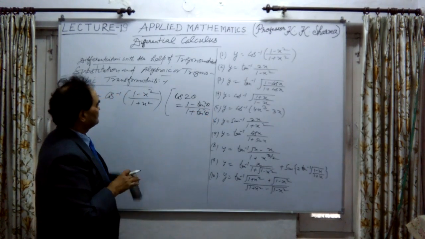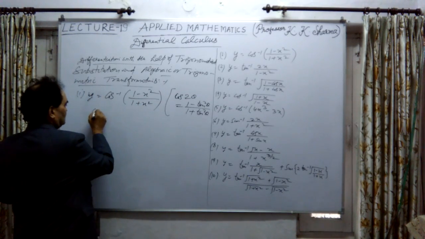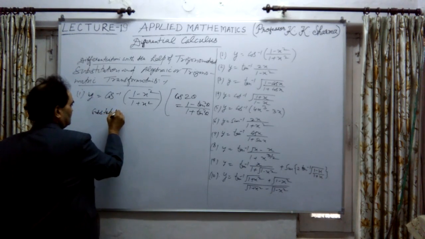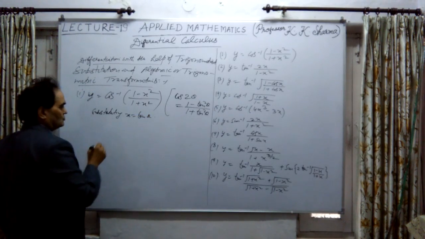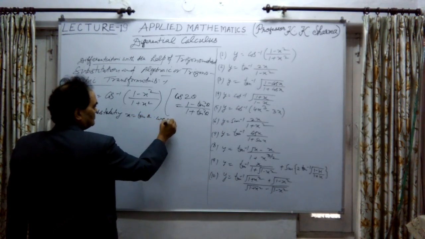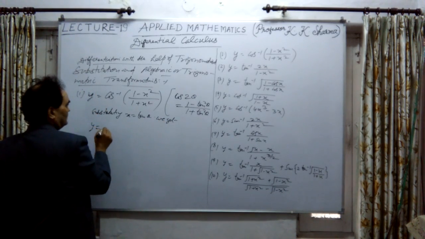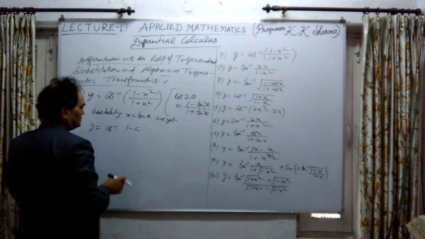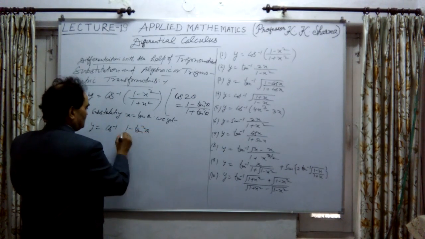Here we have to substitute x equal to tan theta. Substituting, we get y equal to cos inverse of (1 minus tan square theta) upon (1 plus tan square theta).